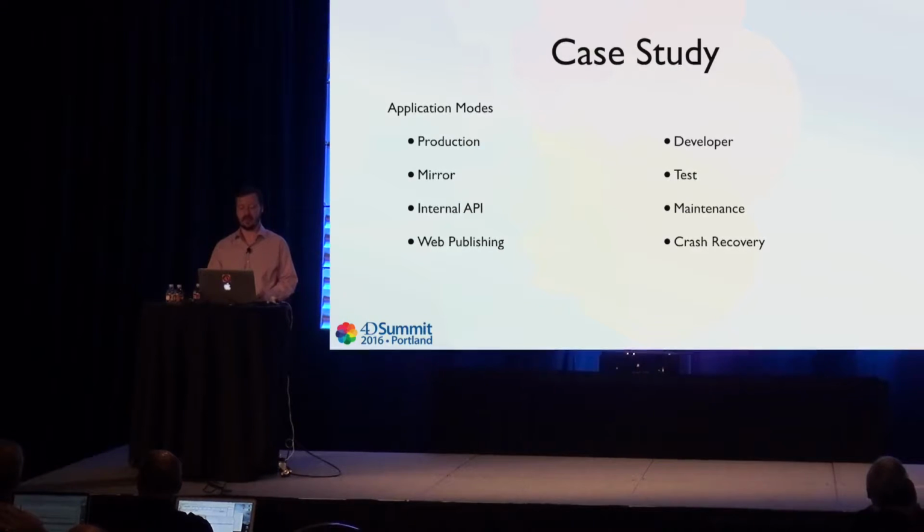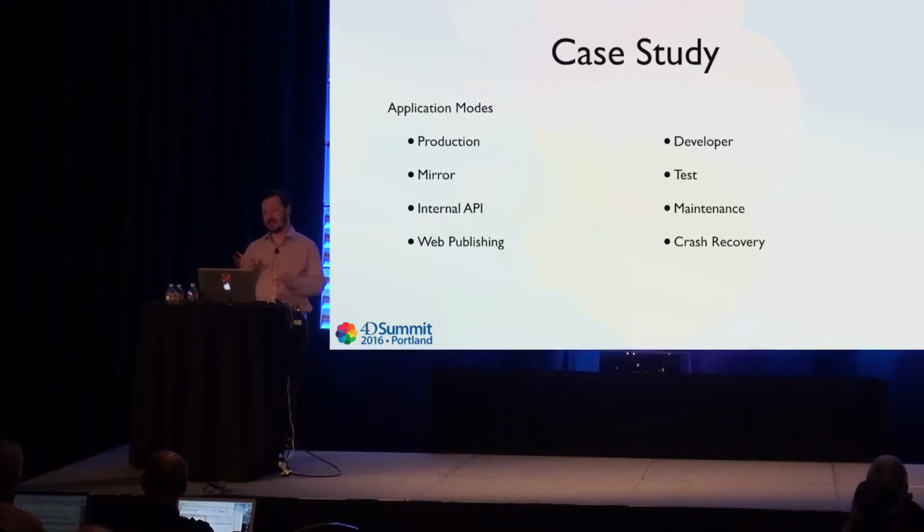And again, we're running the same code base and we can run it in up to 8 different application modes simply by flipping switches. That being our production, our client-server mode, a mirroring mode, which blocks all data entry and communicates with production for pulling records that have changed.